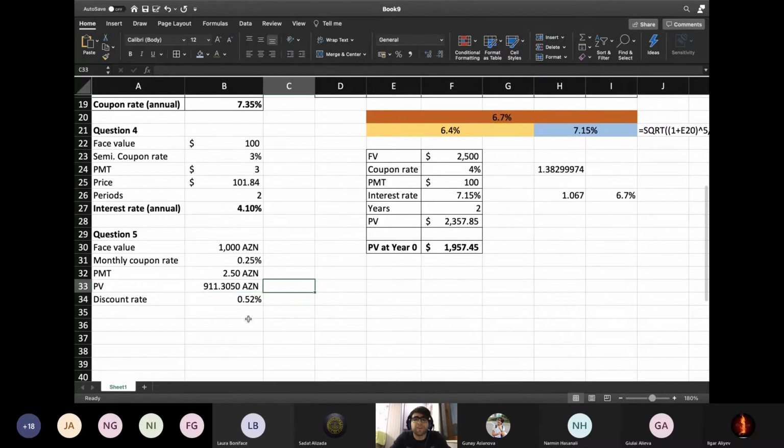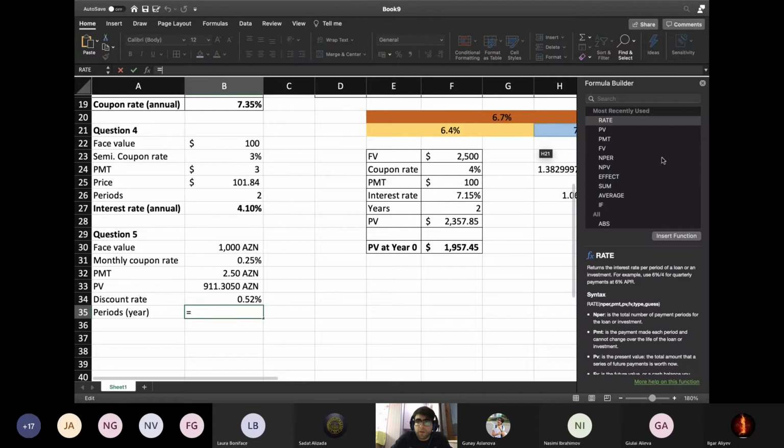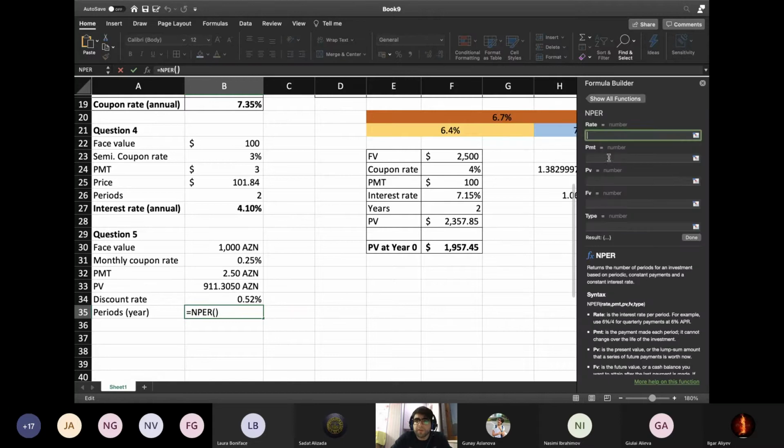Monthly discount rate is 0.52%. And periods we have to find.